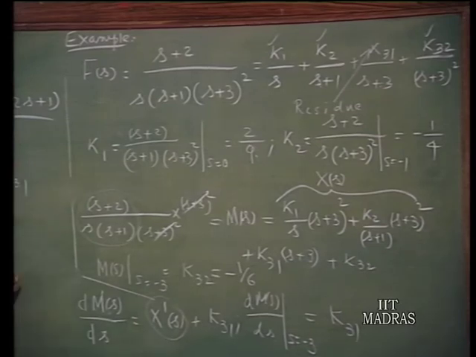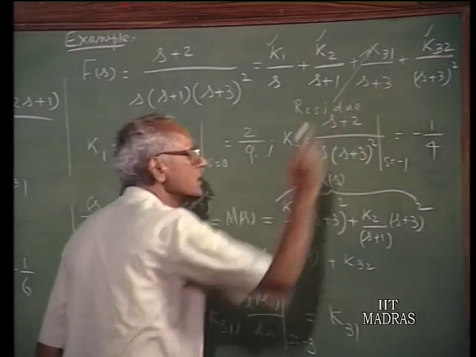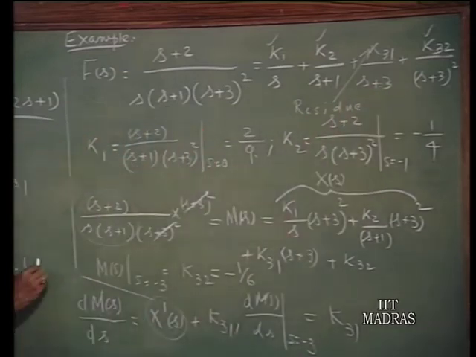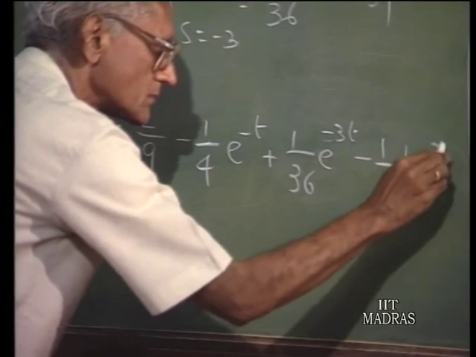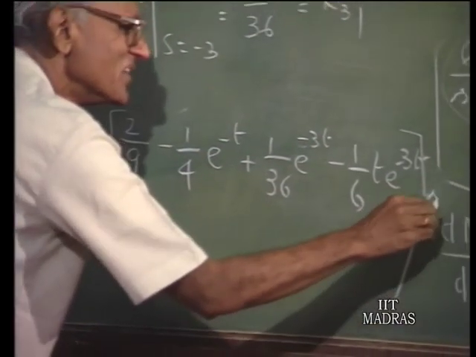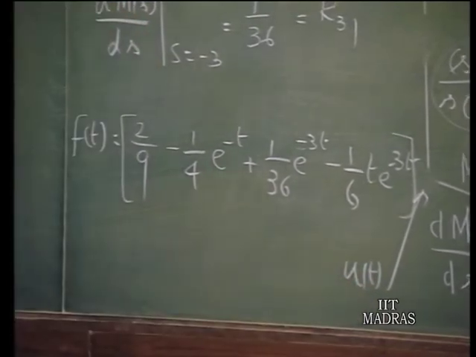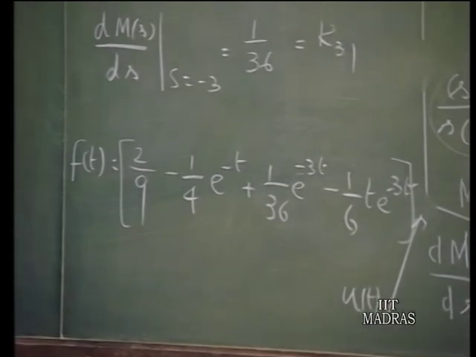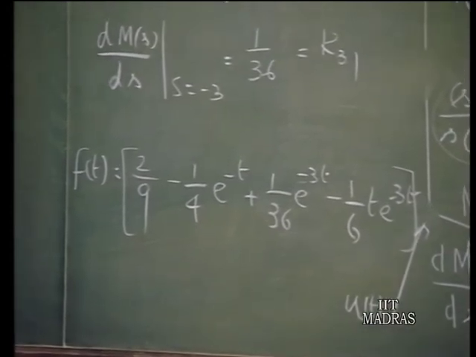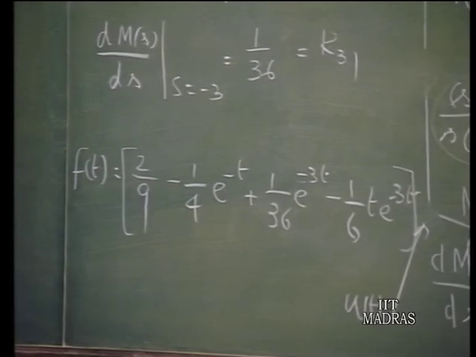Therefore, this becomes minus 1/6, and since the inverse Laplace transform of k32 over s plus 3 whole squared is t multiplied by e power minus 3t, the whole thing is multiplied by u of t. So, the final answer is 2 upon 9 minus 1/4 e power minus t plus 1 by 36 e power minus 3t minus 1/6 t times e power minus 3t multiplied by u of t. That is the final result.